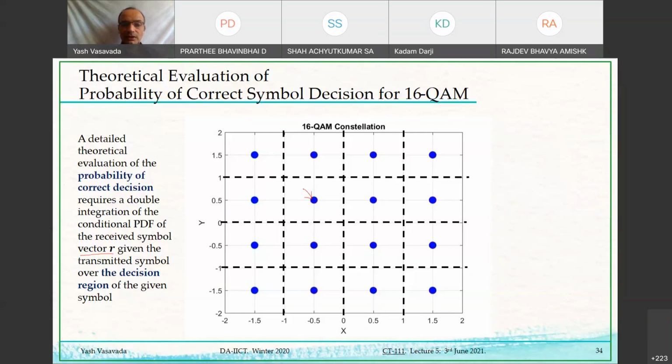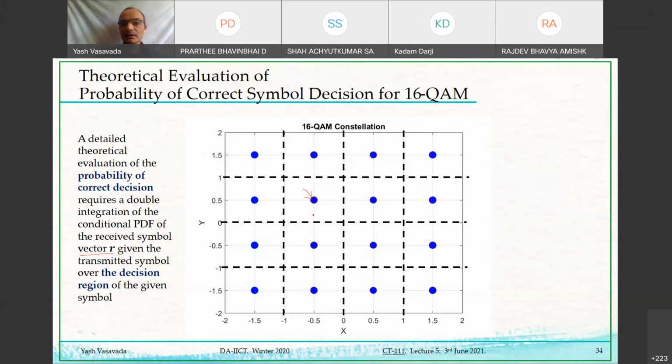For the two-dimensional case, the PDF actually has the full surface of the bell. We are not slicing it anymore. And so that PDF, we have to evaluate its area over this particular square.